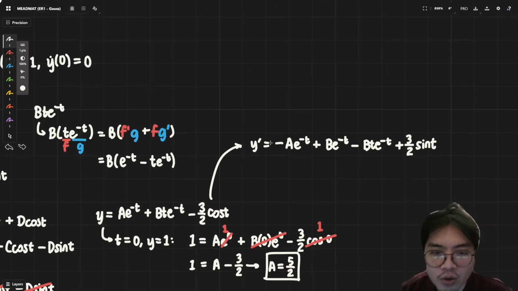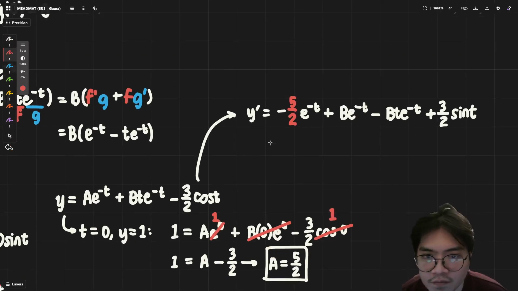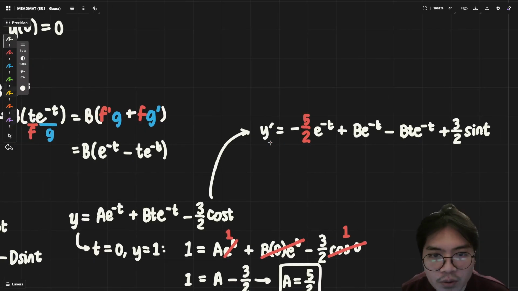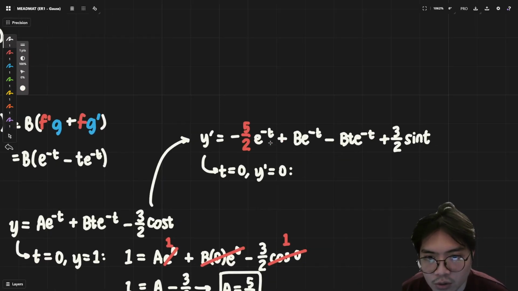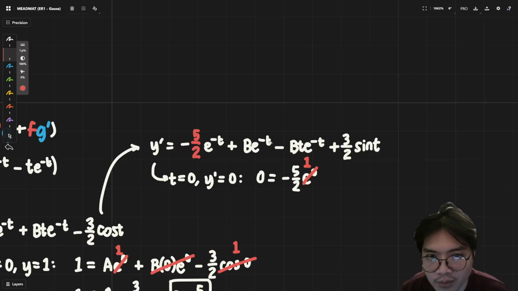Okay. Now we know that your a is 5 over 2. Let's now put that in there. Negative 5 over 2. Oh, sorry, positive 5 over 2. And so now if your t is equal to 0, your y prime will be equal to 0 as well. So 0 is equal to negative 5/2 e raised to 0. That's just going to be 1.